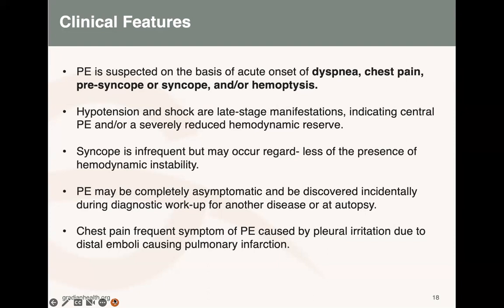Hypotension and shock are late-stage manifestations, and they indicate central pulmonary embolism or severely reduced hemodynamic reserve. Pulmonary embolism may also be completely asymptomatic and may be discovered incidentally during diagnostic workup for other diseases, or at autopsy.